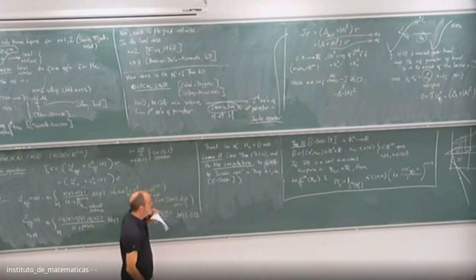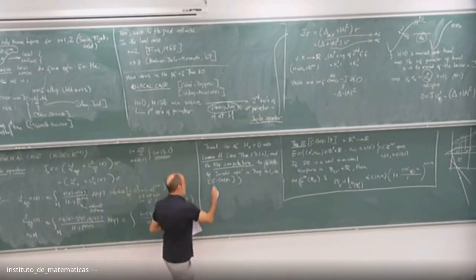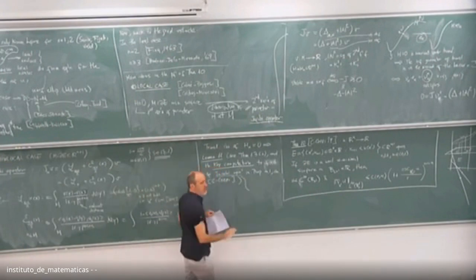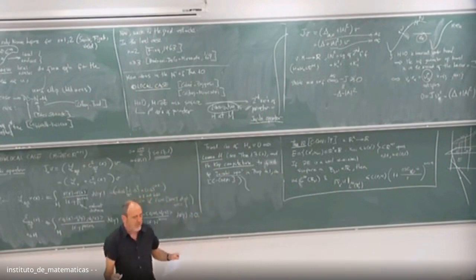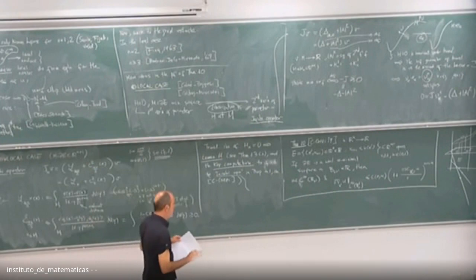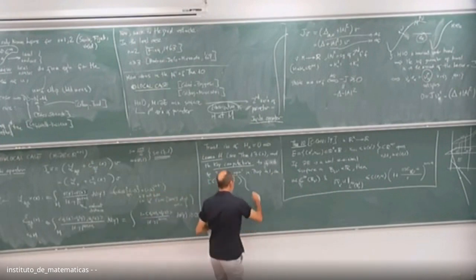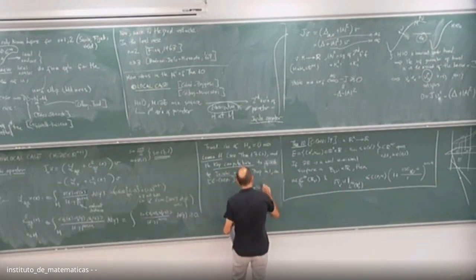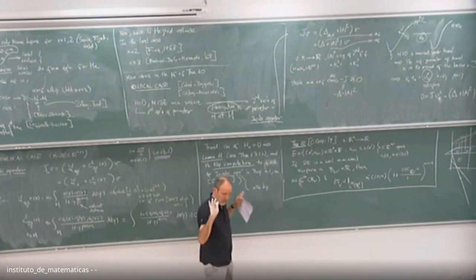And I say this because the Jacobi operator was also found independently, with other kinds of computations, by other people, by Dávila, del Pino, Wei.